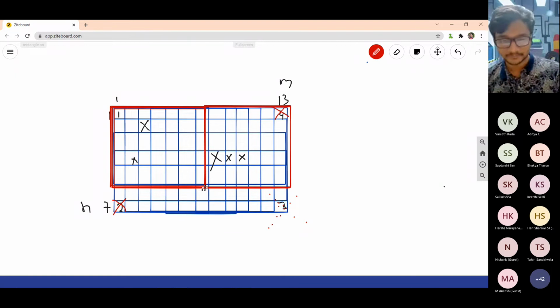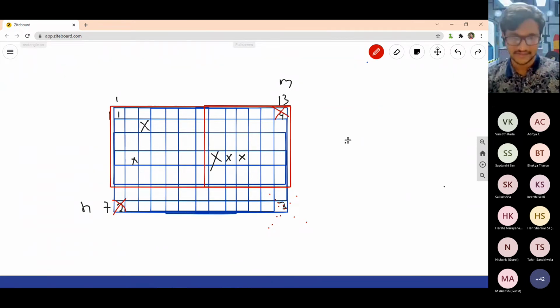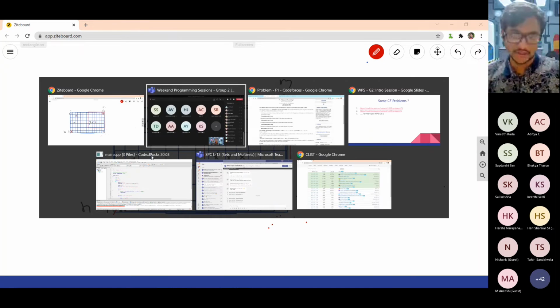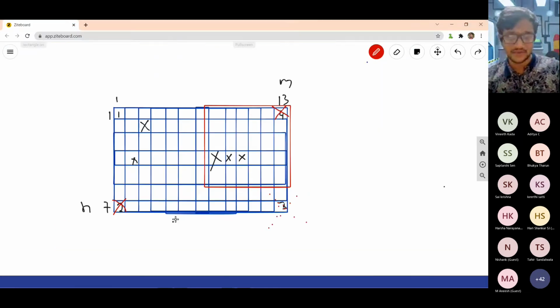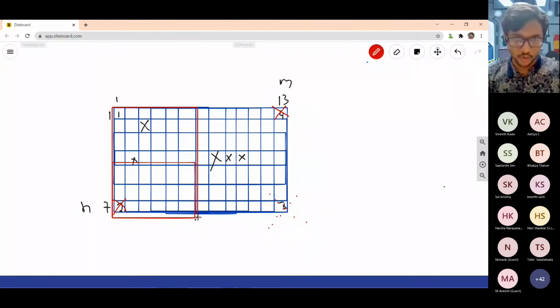Do you agree? Okay, so even for the case of 2 coins, you can just do operation one twice. Yeah, but I was just telling the 4 thing. For 4, if you do the one operation twice, you would in fact get an even better solution, right? Our aim is to do it in the minimum number of coins, the smallest number of coins I'll have to spend to achieve our favorite coloring. So the 4-coin operation would in fact be suboptimal, while if you do something in 2, that can be done with 1 in 2 coins.